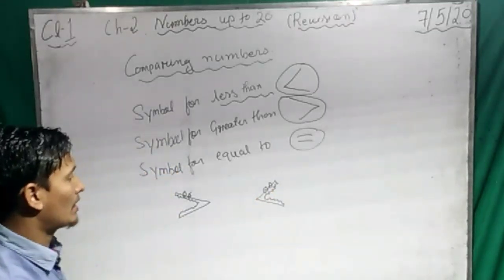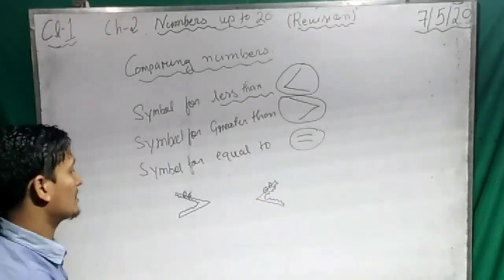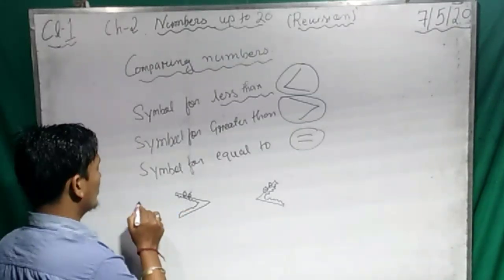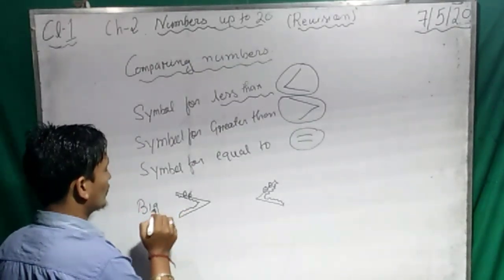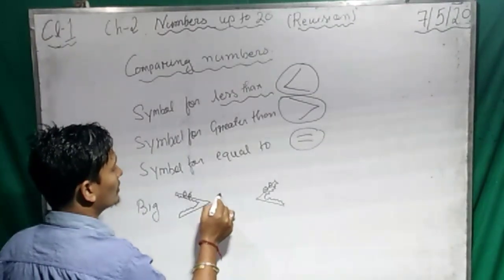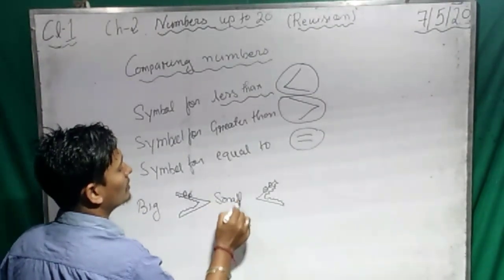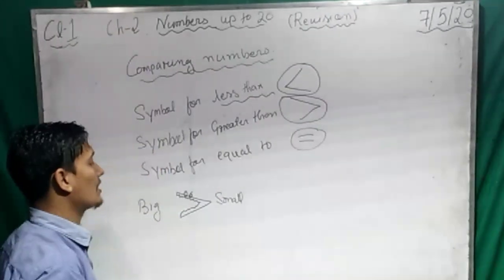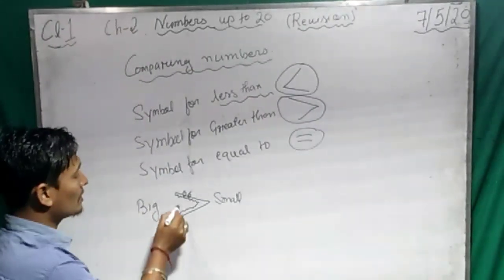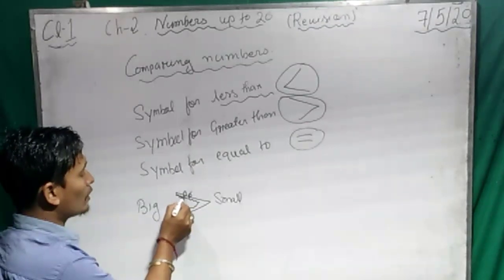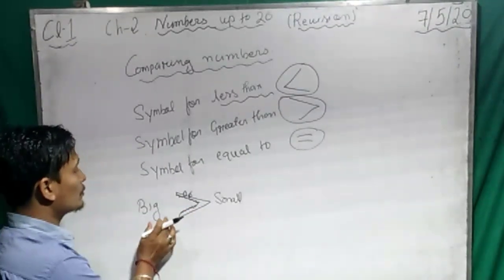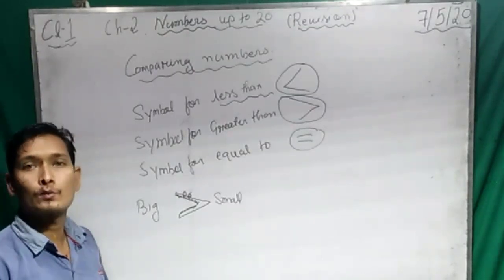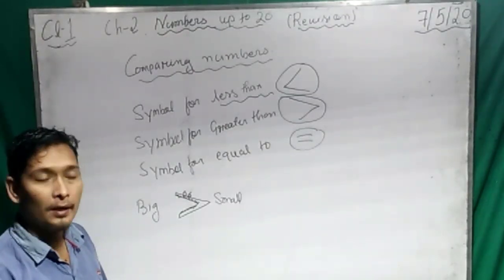These two are alligators. So an alligator always loves to eat big things, and he doesn't like small things. Clear? So this alligator loves to eat big things. It means the alligator always opens his mouth towards the big thing, or we can say towards the big number.